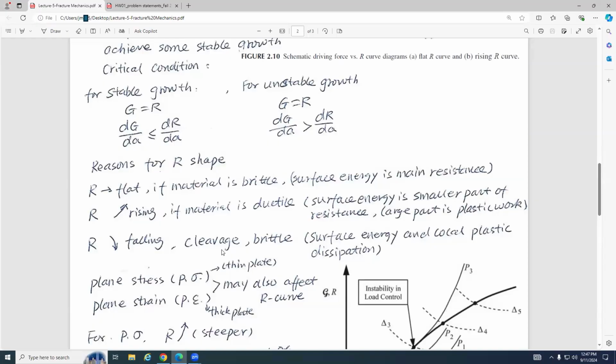You know cleavage, right? That means if crack propagation occurs, you cannot stop it. This is even much worse than when R is flat. It becomes decreasing.